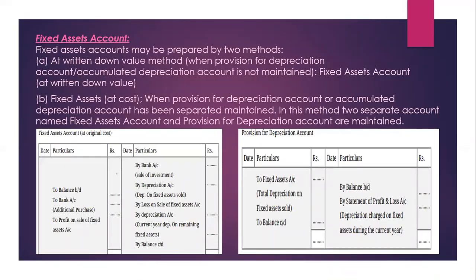Fixed asset accounts are prepared by two methods. One, they are used at written down value, and another one when the provision for depreciation account or accumulated depreciation account is separately maintained.